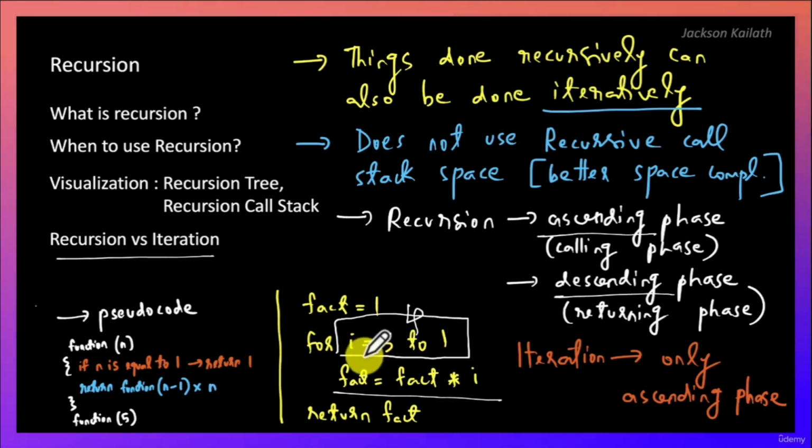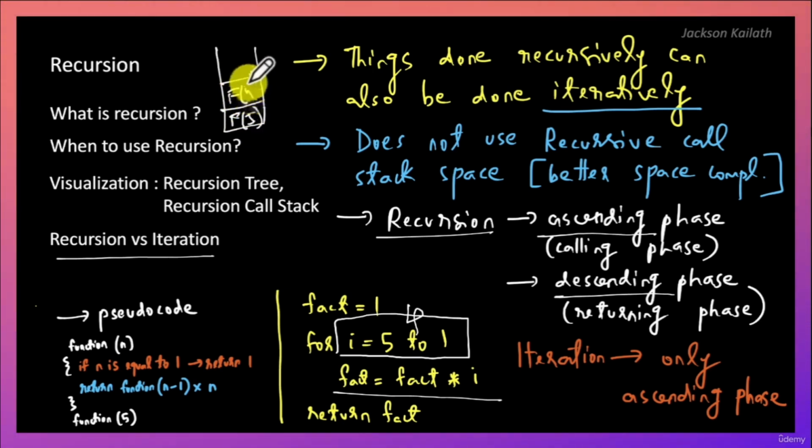But when you take a look at recursion, again, let's take a look at the recursion call stack. So let's say we have f of 5 over here, and we have f of 4 over here, and we have f of 3 over here. Let's say f of 1 is popped out, f of 2 is popped out, and then we come back to f of 3. So let's say we are again in the body over here.